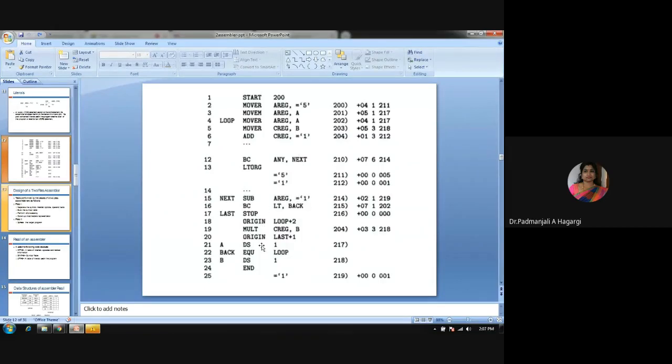But if you look here, nowhere is LTORG declared by the programmer for this literal. Therefore, the assembler will take its own step for declaring this literal at the end of the program, because it waits for the programmer to declare it. Once the programmer has not declared a literal origin, the assembler will start on its own at the end of the line.